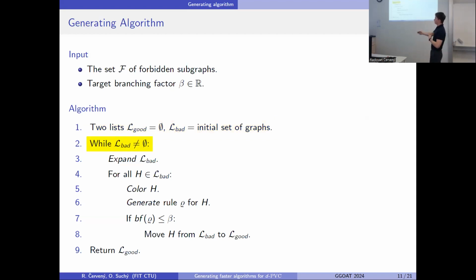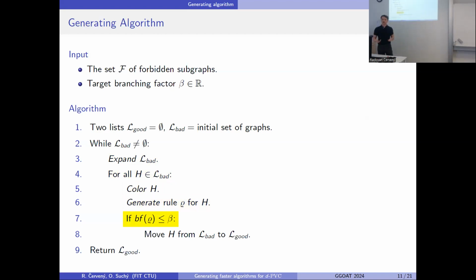And then, while we have something in the bad list, the graphs in the bad list correspond to graphs we have not yet processed, or we do not know any efficient branching for them. We use something like expand. Then, for each graph in the list, we color it, and then we generate some rule for it.